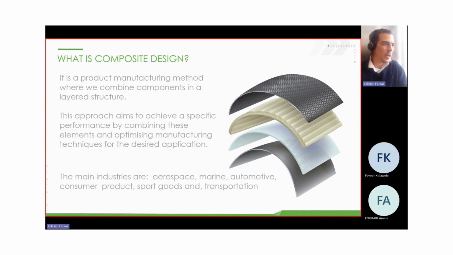This approach aims to achieve a specific performance by combining these elements and optimizing manufacturing techniques for the desired application. The main industries are aerospace, marine, automotive, consumer products, sport goods, and transportation.